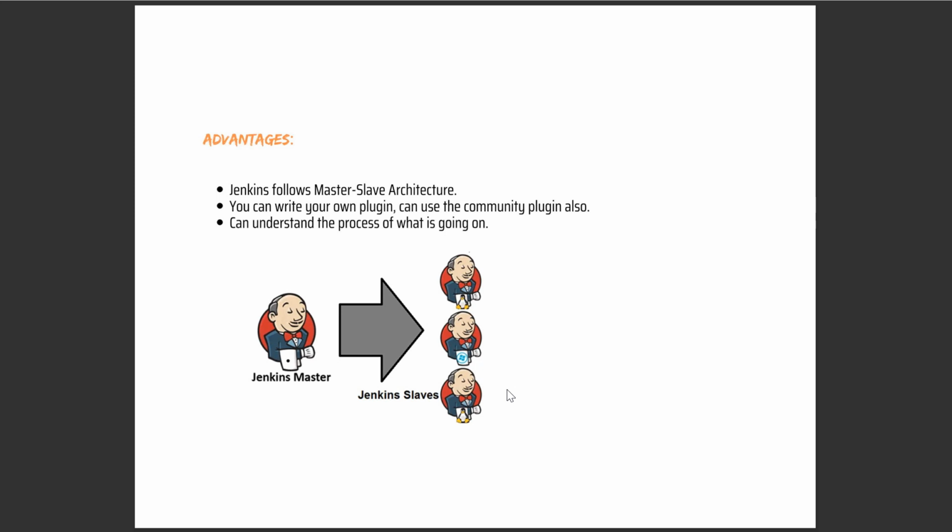This is the hierarchy followed by Jenkins. If I have one master server and, say, 10 slave servers, the commands the master server gives need to be obeyed by the slaves which are under the control of the Jenkins master.